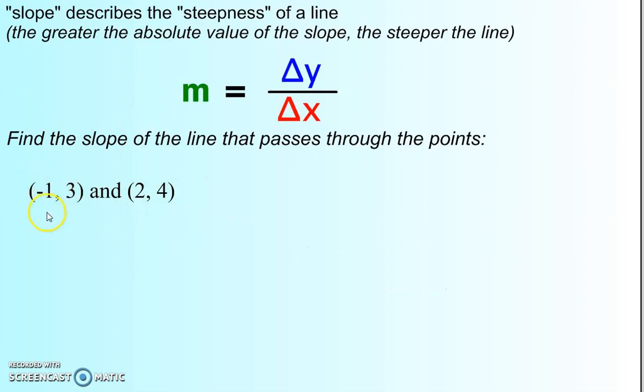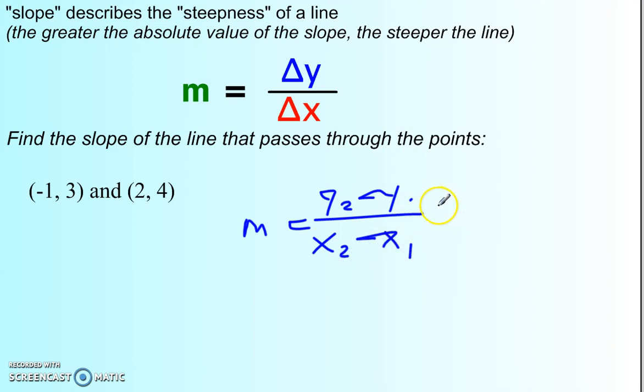Sometimes when we have a negative value, we get confused and we forget that subtracting a negative actually gives us a positive. I'll show you the 2 ways to do this. The traditional way, m is y2 minus y1 over x2 minus x1.